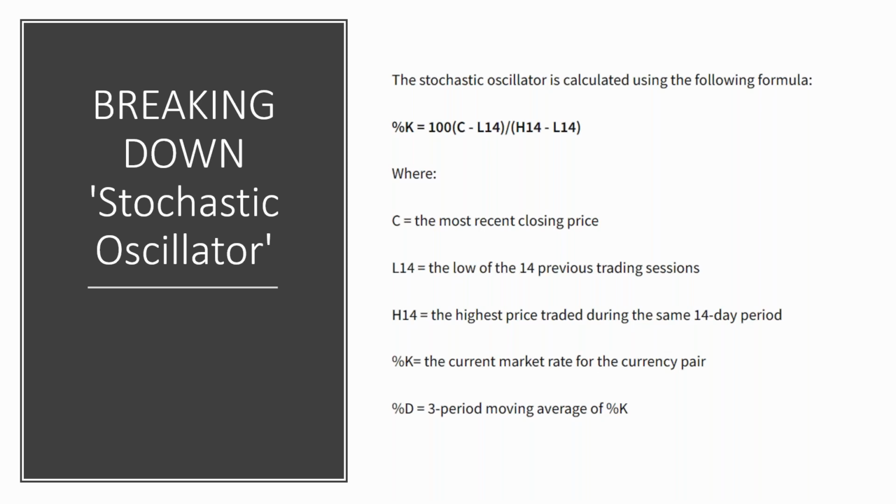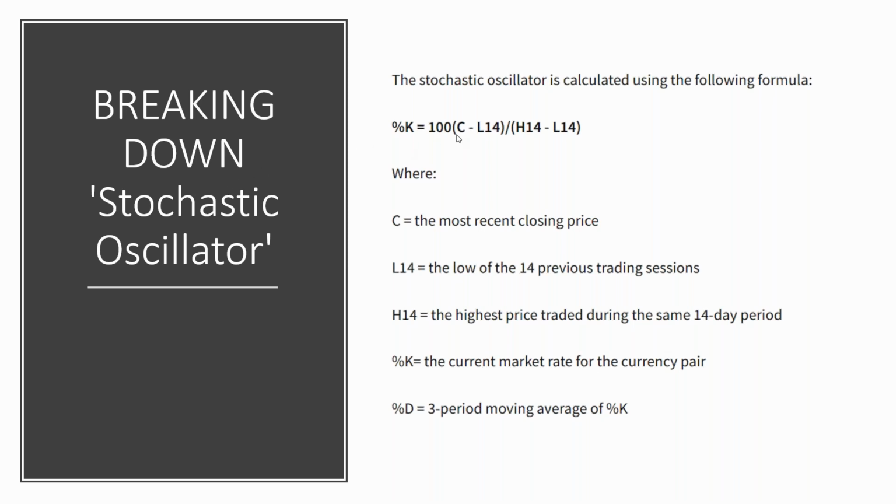Then the percent D comes from a 3-period simple moving average of that calculation for the percent K line. So if we're using a 14-3-3, we have our 14 period and our 3-period moving average, and this gives us our calculations to give us our two lines.